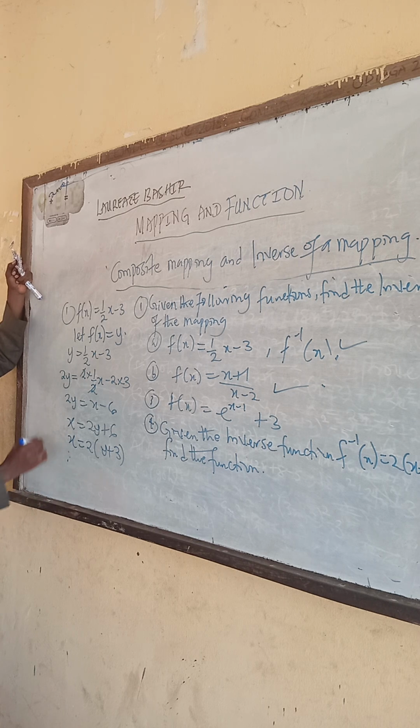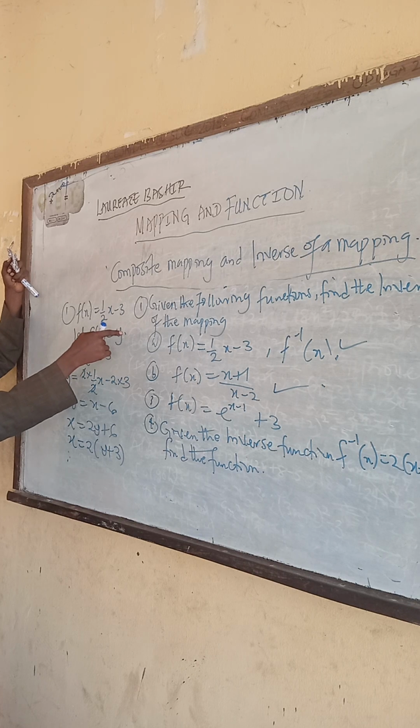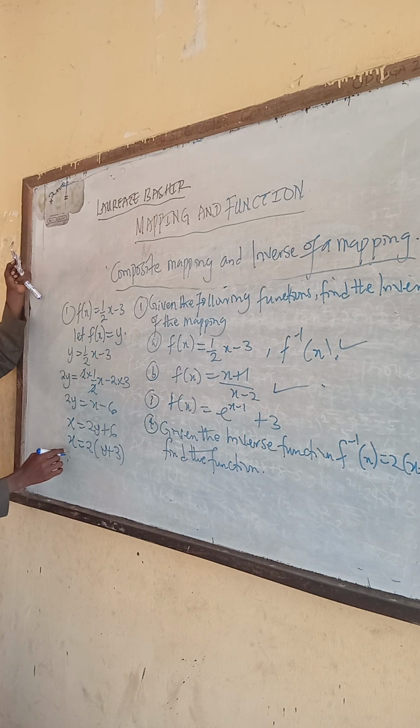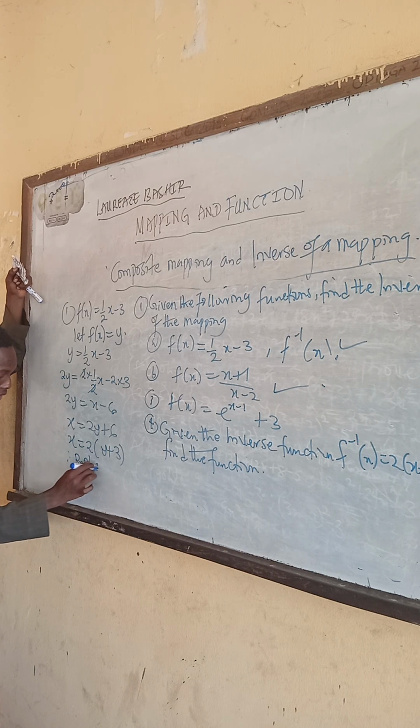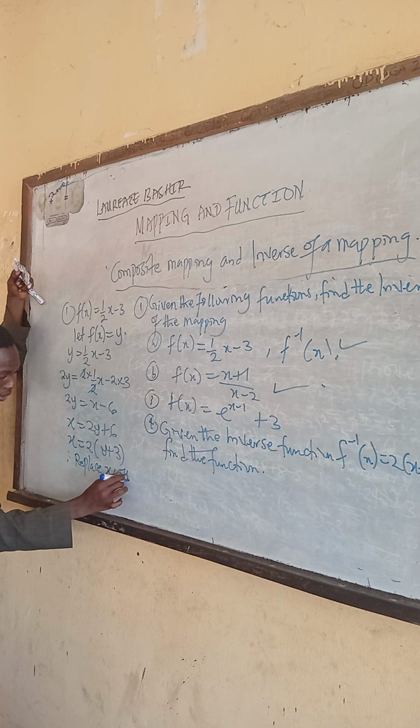Since you have made x the subject of the formula, therefore the inverse: f of x should be equal to y. So at a layman's level, you now replace x with f inverse of x and y with x.